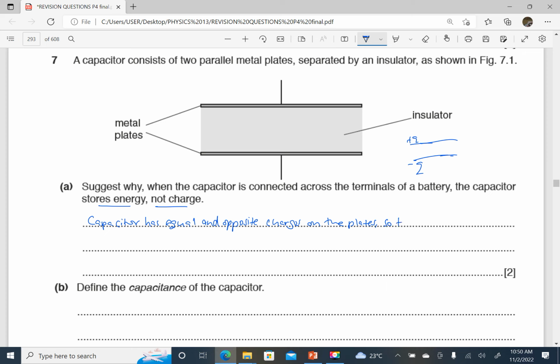So the total charge is zero. But the charging process, remember, involves separating positive and negative charges on the capacitor plates. That means work must be done to separate a positive charge from a negative charge, and the work done is what is stored in the capacitor as energy.